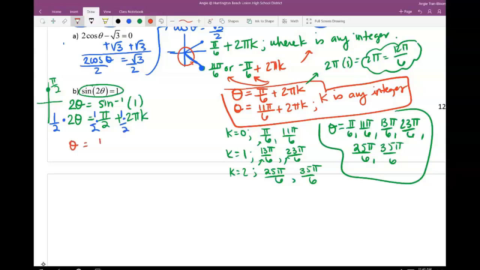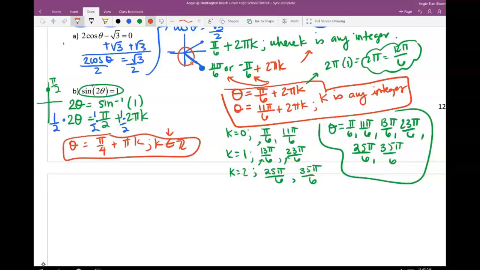Theta is pi over 4 plus pi k, where k is, the symbol means contained in any integer. Okay, so Z is the symbol for integer. So, fancy way of writing it. That's the equation.